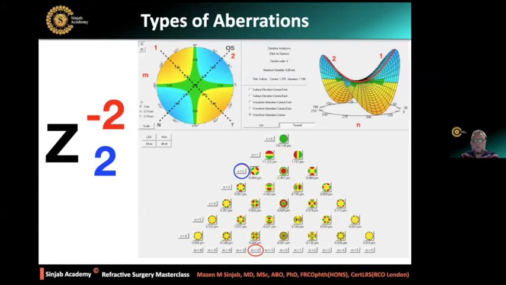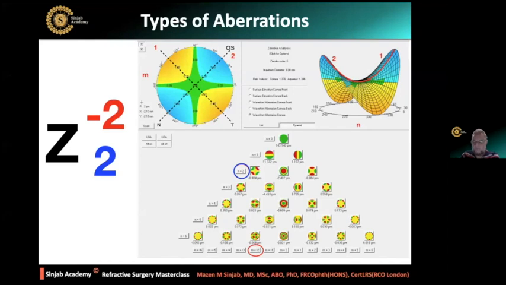So whenever you see the lower number, it stands for the order. 2 means 2 slopes or 2 distortions, 1, 2. And the upper number, which is -2 in red, means how many meridians are affected with these distortions. Minus is for vertical, plus is for horizontal.